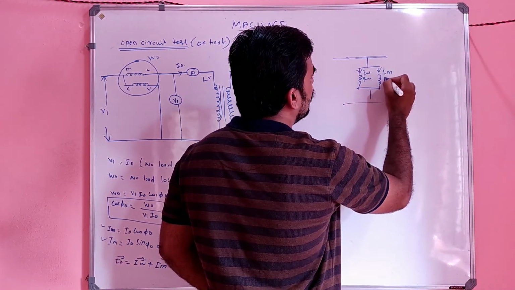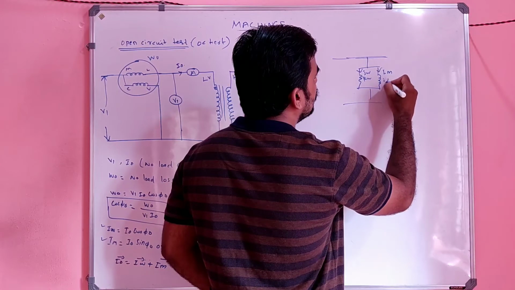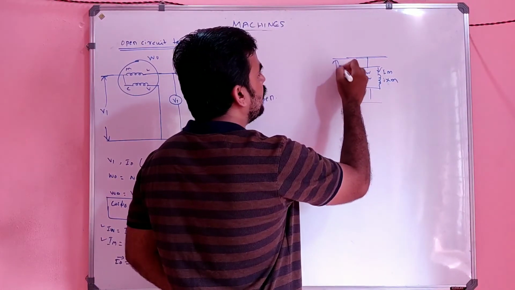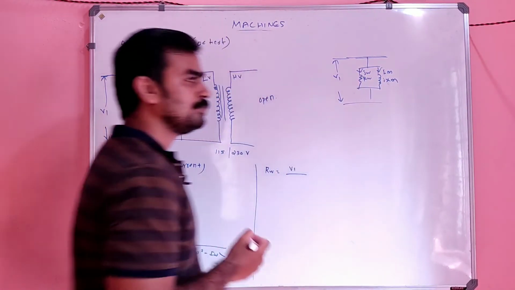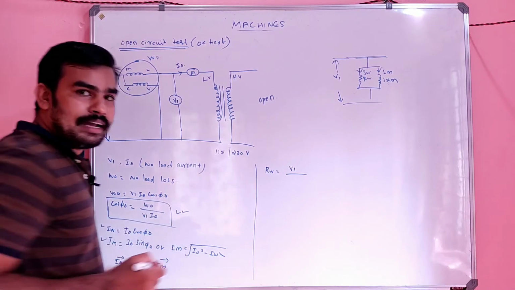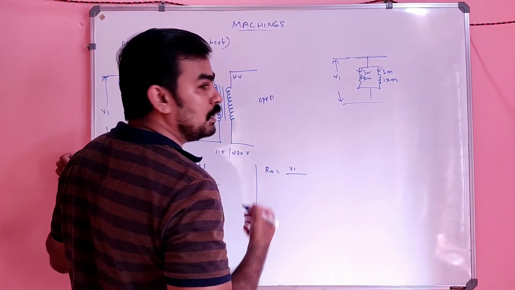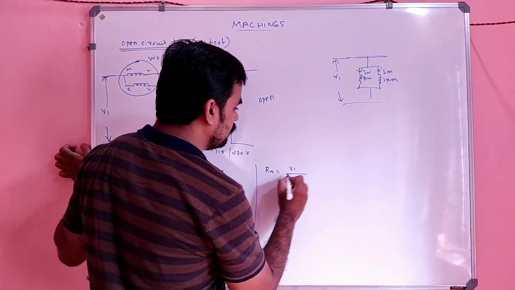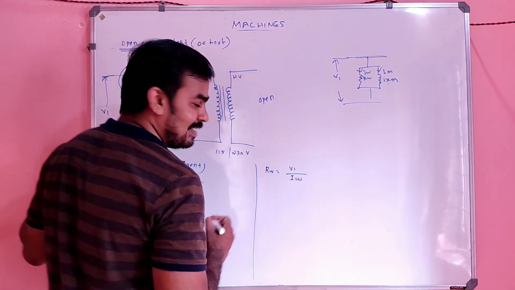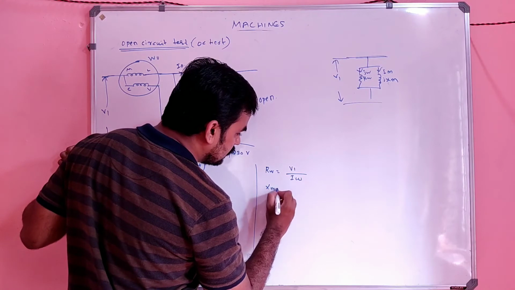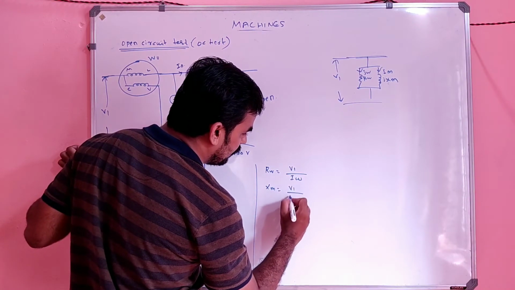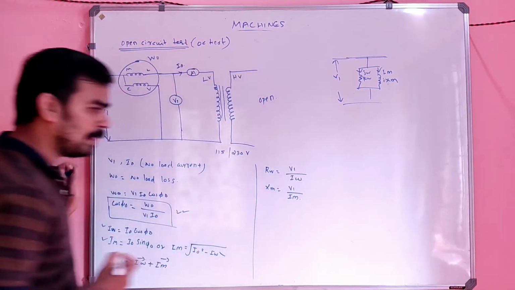This is RW and this is jXM, right? And you applied a voltage here, that is V1. So the value of RW is R equal to V by I, so it is V1 by IW. And XM is simply V1 divided by IM.